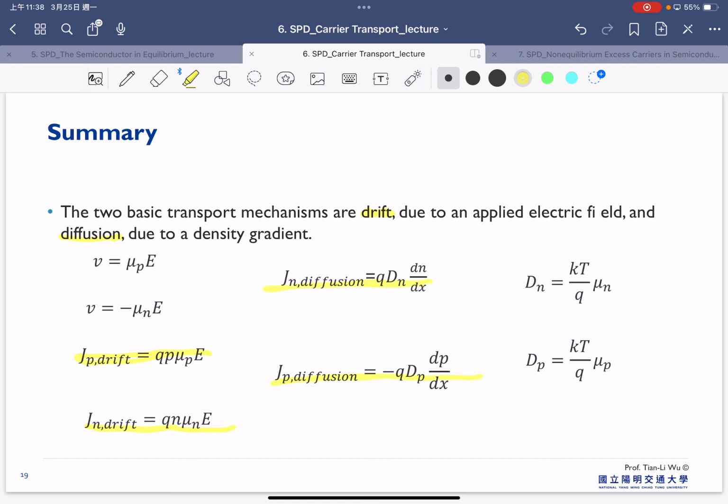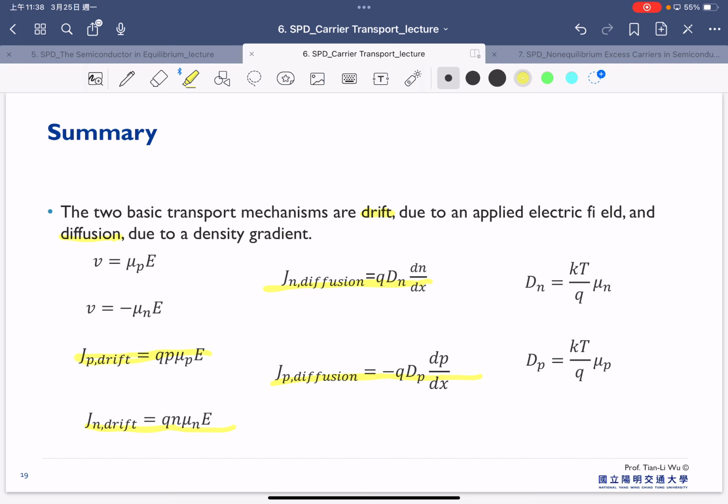You don't have to derive everything by yourself, but at least you need to understand how these equations come about and what the physics mechanism behind them is, because that can give us more physical sense in the future once you analyze semiconductor devices.